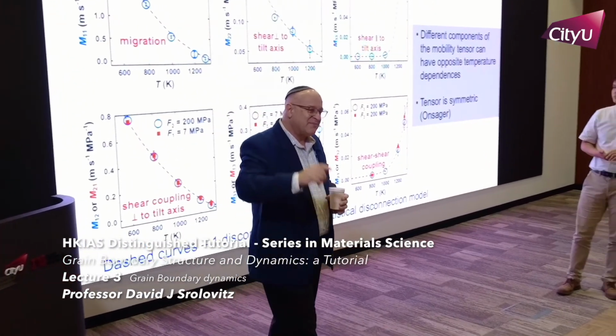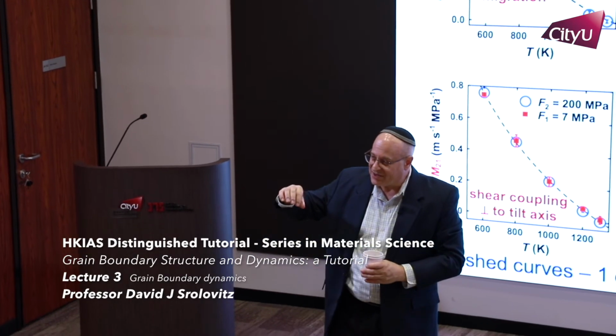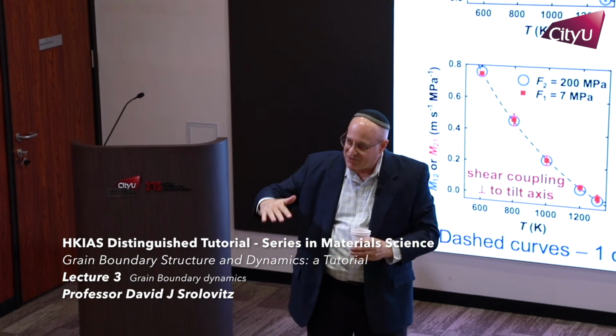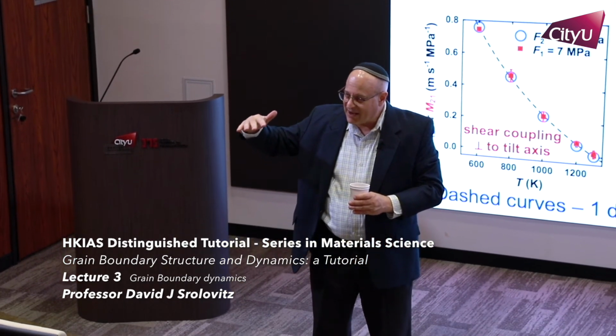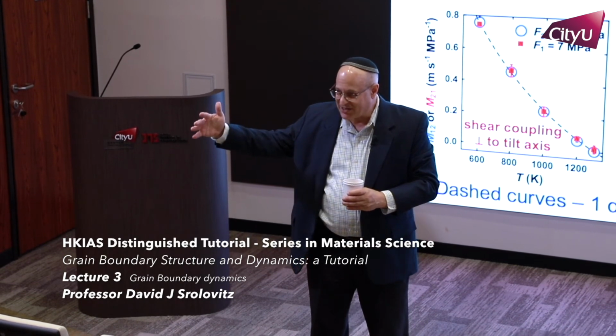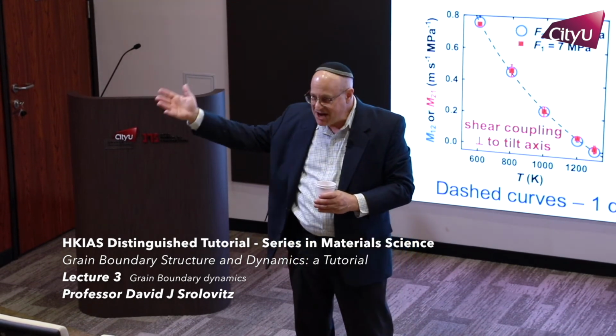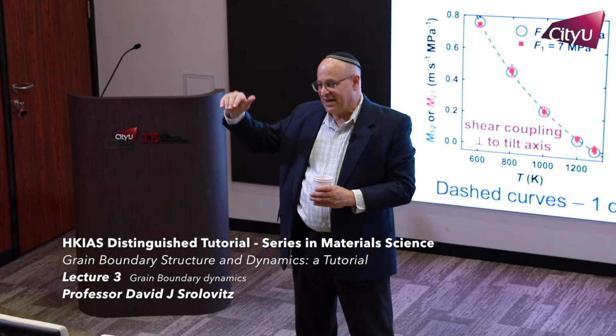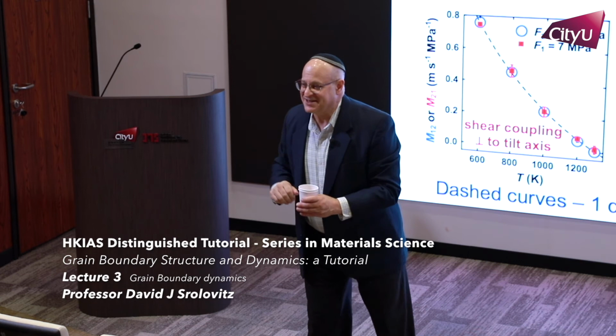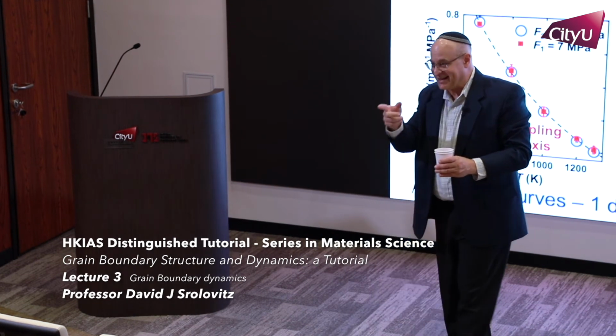The other point is that because of the constraint, often you get the grain boundary to migrate, but when it migrates, it will generate stress. That stress can become large enough that it stops the migration. And unless you know all these pieces, you don't know how to put it all together. I'll show you that next time.